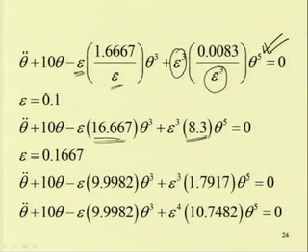So one can write this same equation in this form: theta double dot plus tan theta minus epsilon into 16.667 theta cube plus epsilon cube into 8.3 theta to the power 5 equal to 0. Here the terms 8.3 and 16.667 cannot be neglected with respect to the term 10.